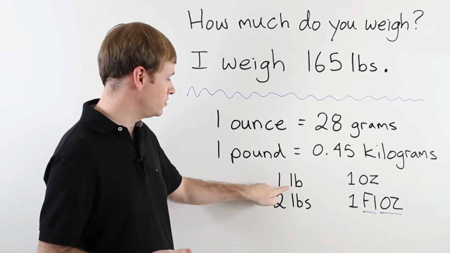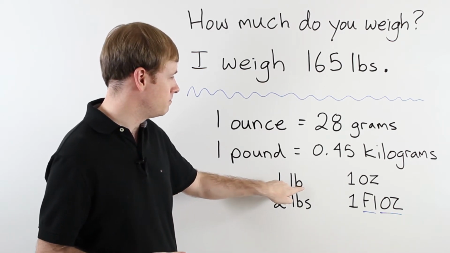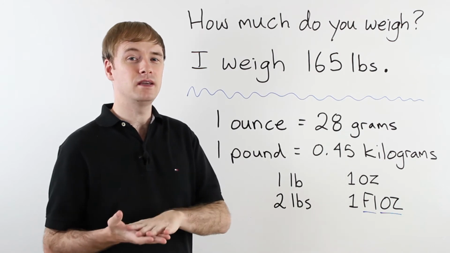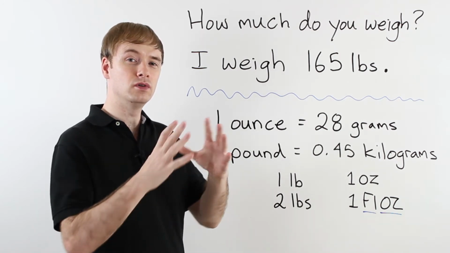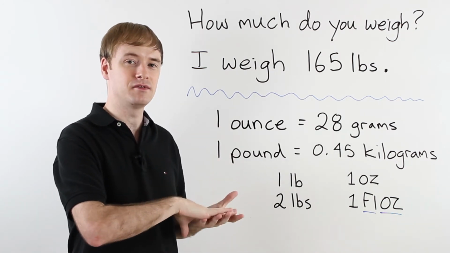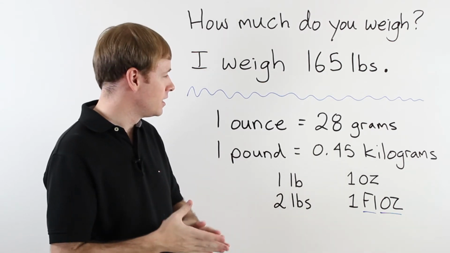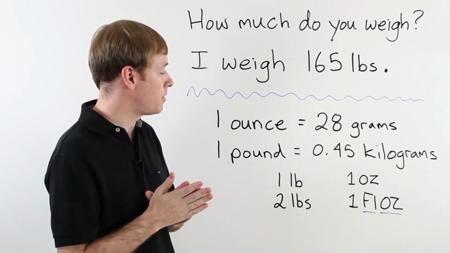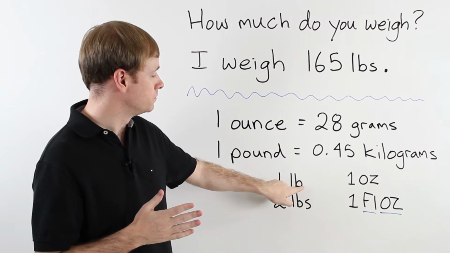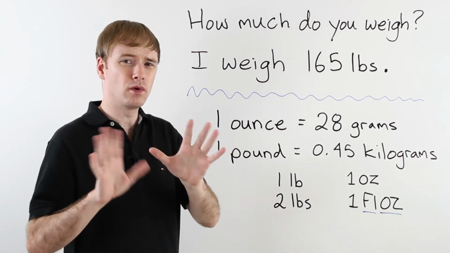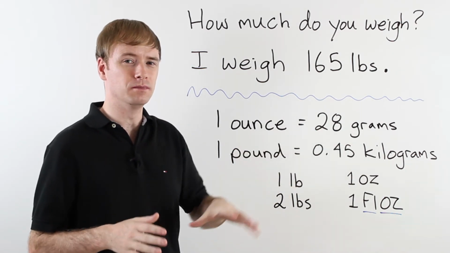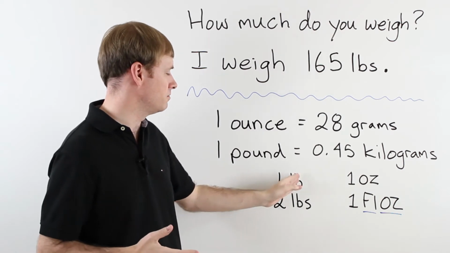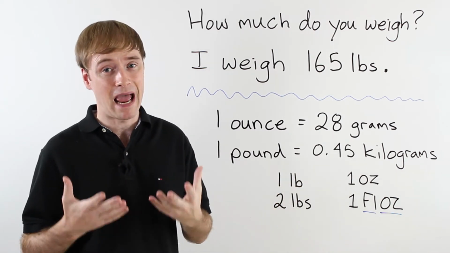Now, pound starts with P, so why do they write LB? Well, LB is actually from Old Latin. It comes from a Latin term, libra pondo. But we don't worry about the Latin term. That's very old. Still, these days we use LB. That just means pound.